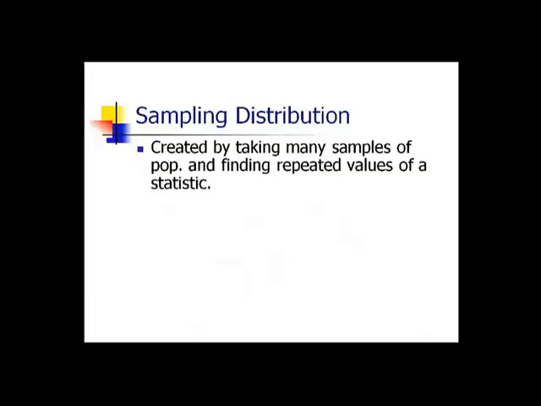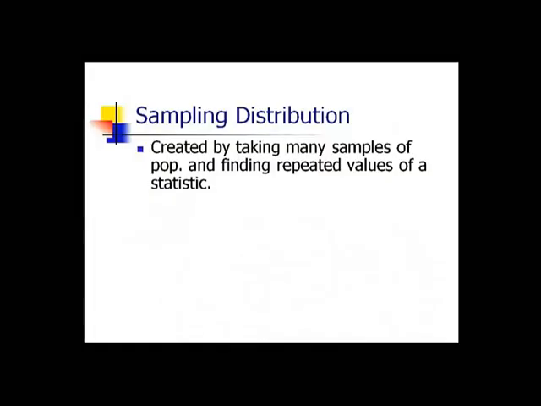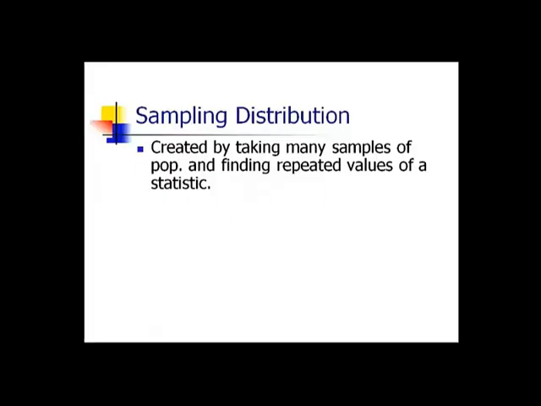Okay? So presumably the population distribution is going to be a lot harder for us to actually get our hands on. That would mean going out and measuring every single member of the entire population. Okay? Well, the sampling distribution itself is even more complex because it is a distribution of the sample statistic for every possible sample that could be taken of a given size from the population.